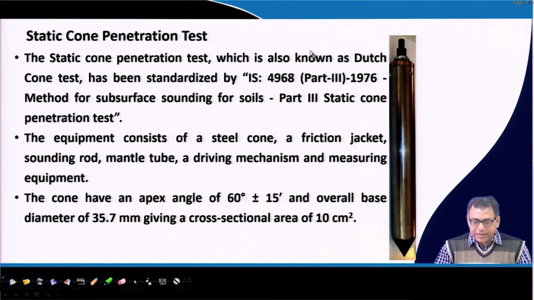The IS code for the static cone penetration test is 4968 Part 3, 1976.